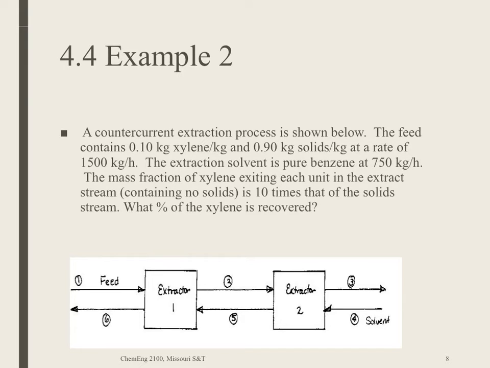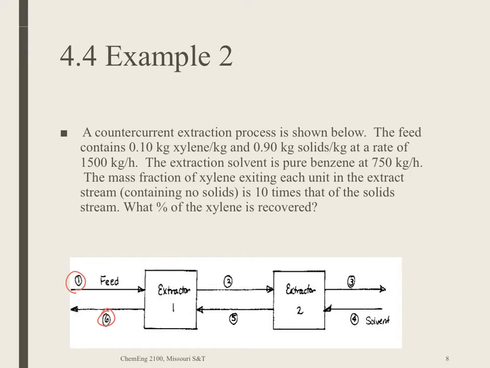Okay, so that's a little confusing, but this is going to be our process spec, and we want to know what percentage of the xylene is recovered. So we're going to be looking for how much xylene is in stream 6 compared to how much is in stream 1.